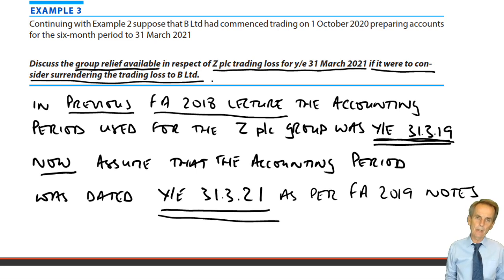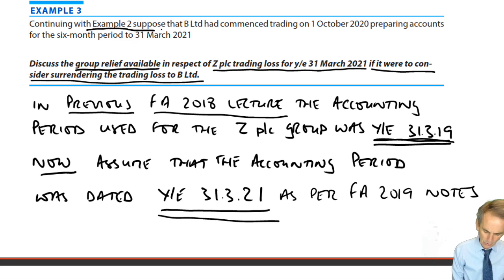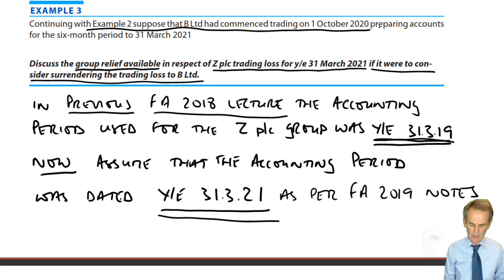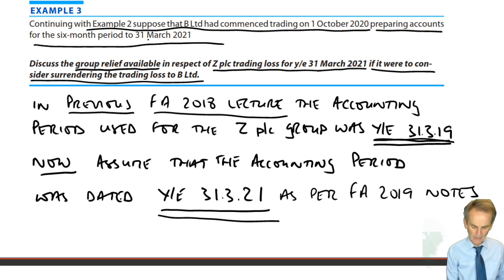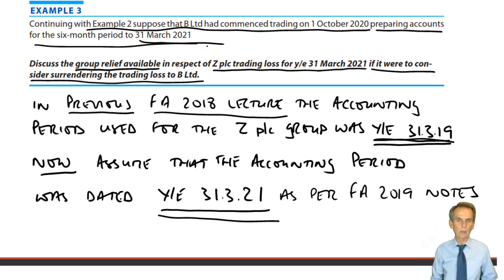What we're told now in example 3 is that B Limited has only just started to trade. So consistent with the classwork example that we were looking at just a little while ago, we now continue with example 2, but suppose that B Limited had only commenced to trade on the 1st of October 20 and prepared accounts for the 6-month period to the 31st of March 21.